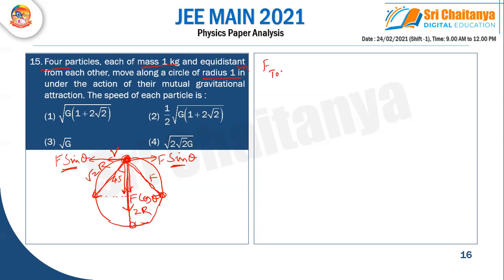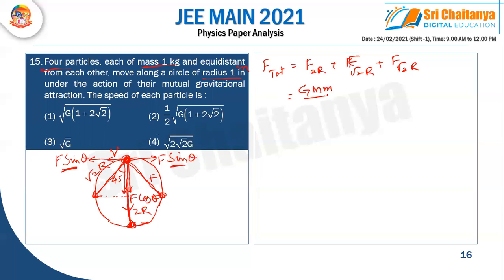F total is equals to, now this one I'm speaking this particular force, F with 2r distance plus F with root 2r distance. So now this, I should have written F with root 2r distance and plus another F with root 2r distance. And when I look into this, now this will be GMM I get.